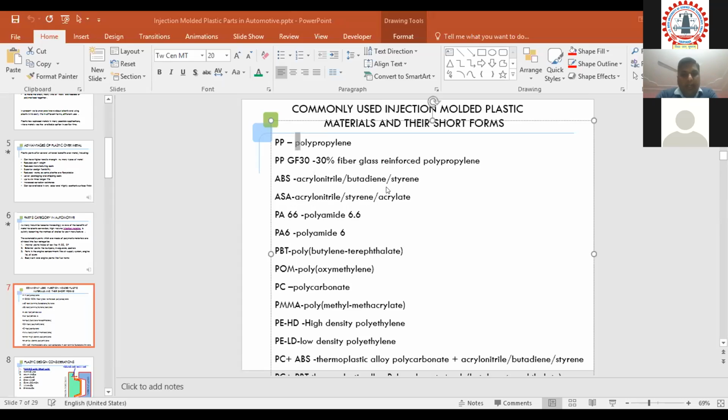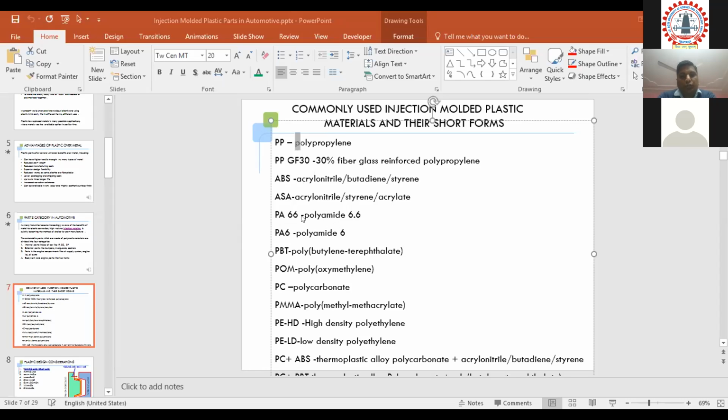If we are not painting the part, then we will use ASA. Like all the ORVM, outside rear view mirrors in the vehicle, the covers of that part are made of ASA. If it is a painted part, then it will be made in ABS.